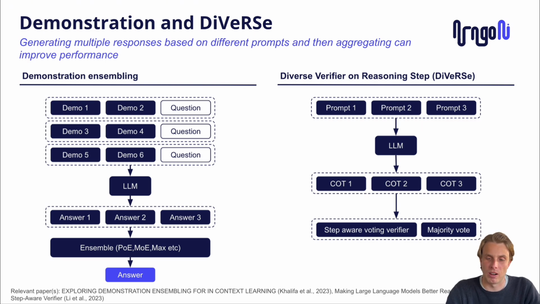So the step-aware voting verifier is aware of these different rationale steps and can take the ones that are still correct. The majority vote and the step-aware voting verifier get combined into a classifier that they train for determining the best possible answers. We then return the answer based on this.